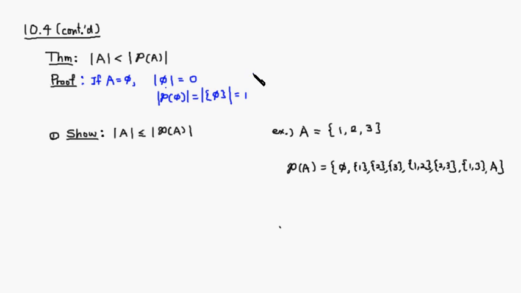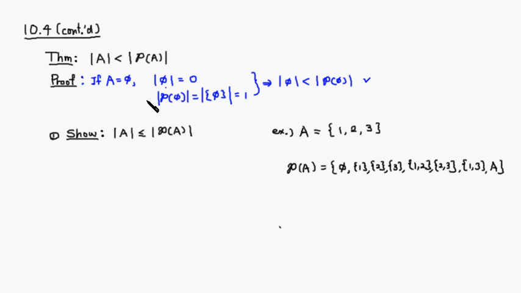So from these two results, we can conclude that the cardinality of the empty set, which is 0, is strictly less than the cardinality of its own power set, right? So this one checks out.